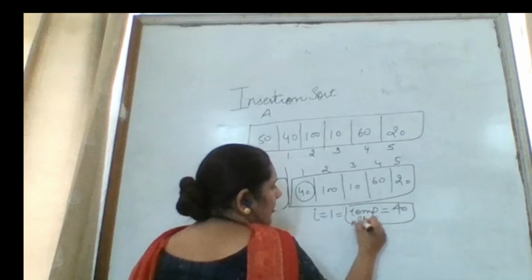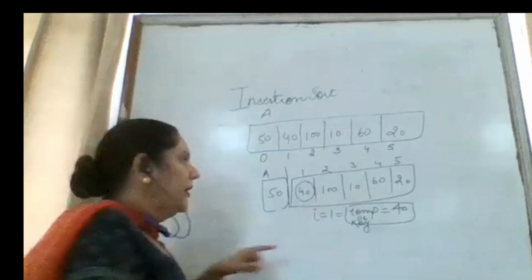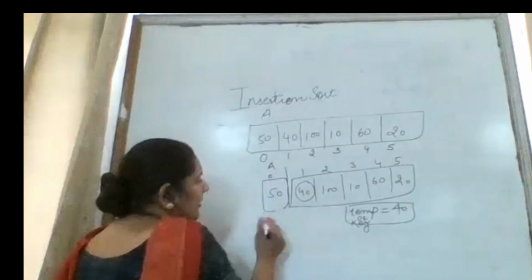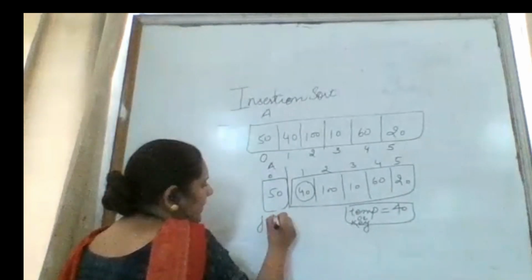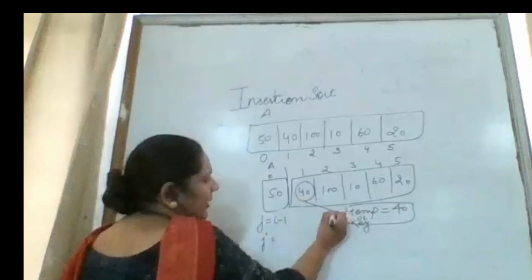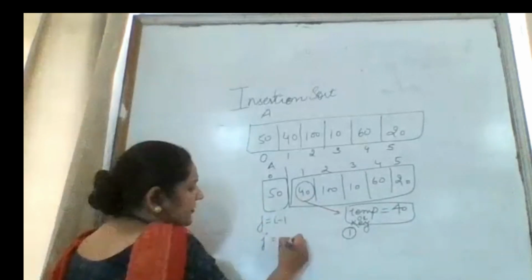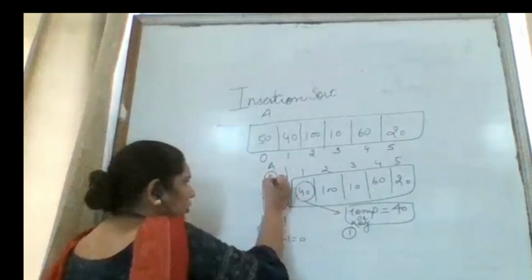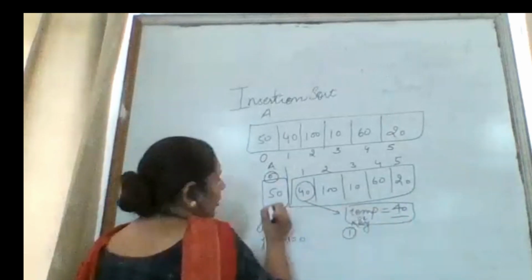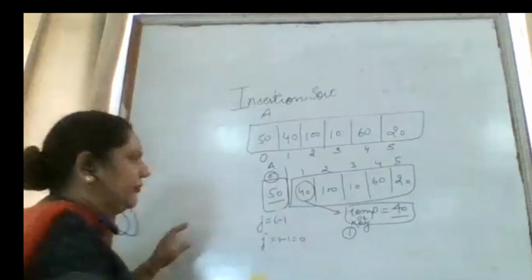Now you compare: j is equal to i minus 1. That means i is at index position 1, so 1 minus 1 is 0. So you will compare 40 with 50.